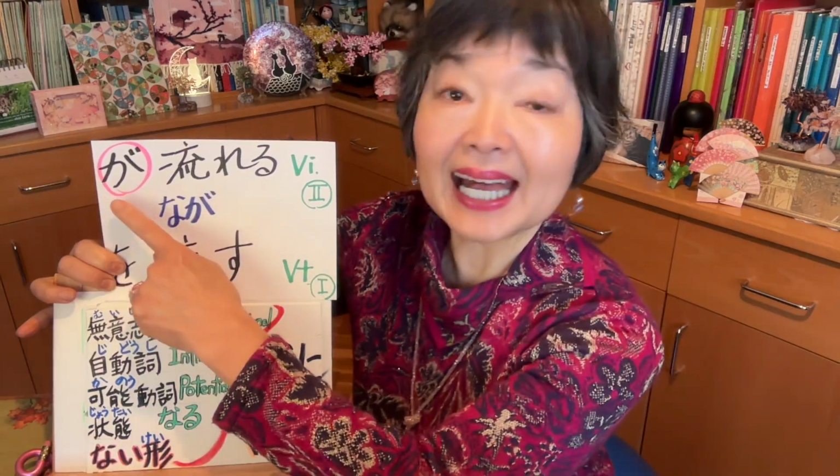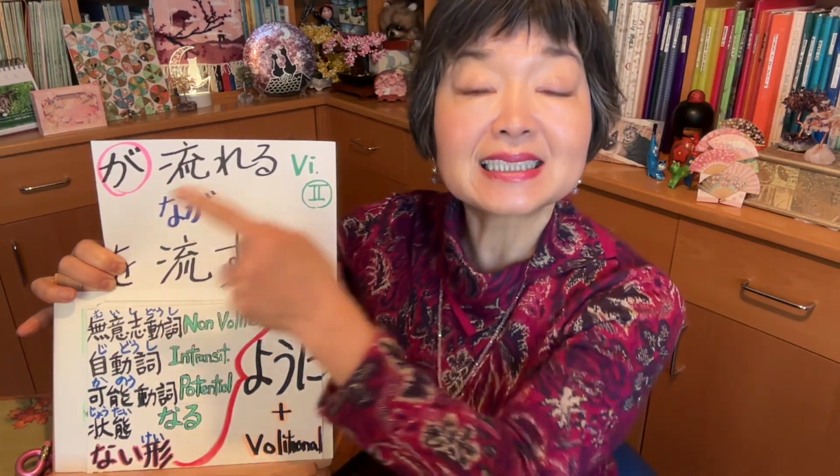The verb that I'm gonna use in the subordinate clause is something が流れる, something flows, something runs. The verb to repair, 修理します.